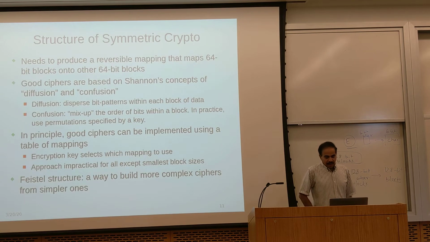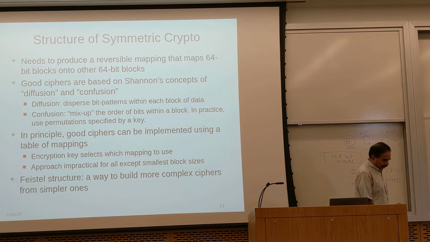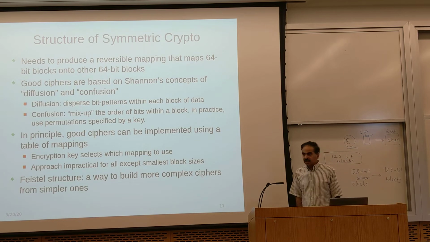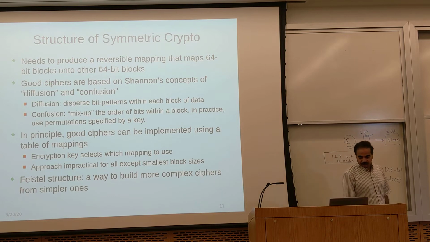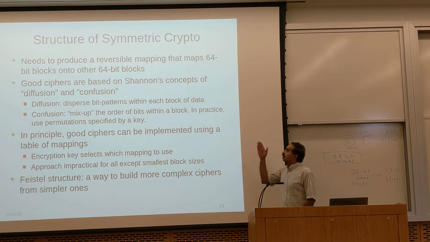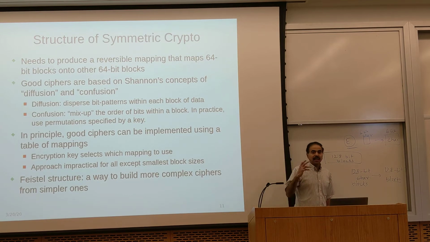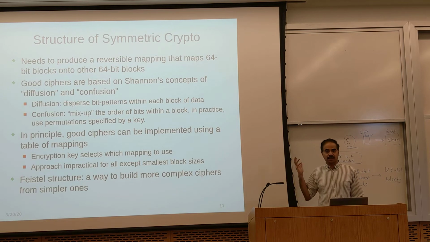Okay. So before we finish up, let's try to understand a little bit about the structure of a typical symmetric key cryptography algorithm. Again, we need to produce a reversible mapping, right? Because we want to encrypt and then retrieve the message by decryption. So we need an invertible function.